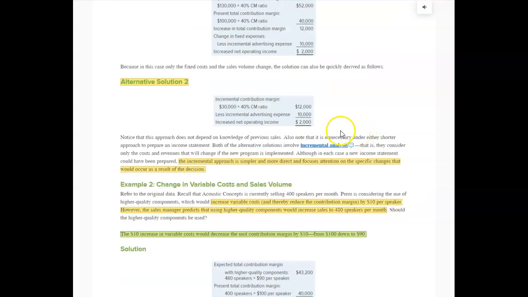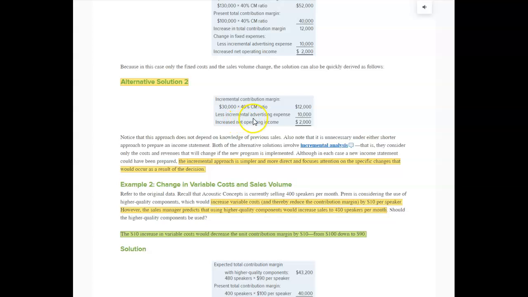An even shorter way to calculate the same answer is, okay, if our sales volume goes up $30,000 and our contribution margin ratio is 40%, then $30,000 times 0.4 is $12,000. That's the increase in contribution margin. Incremental means increase.